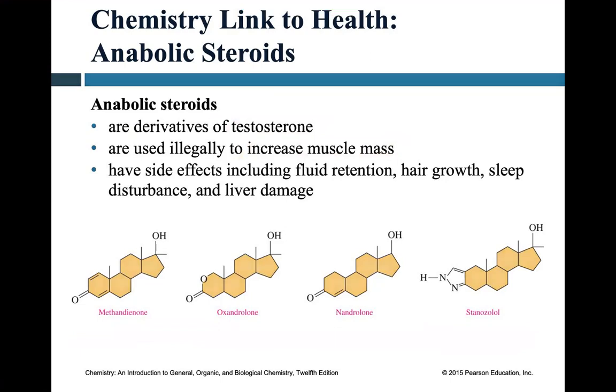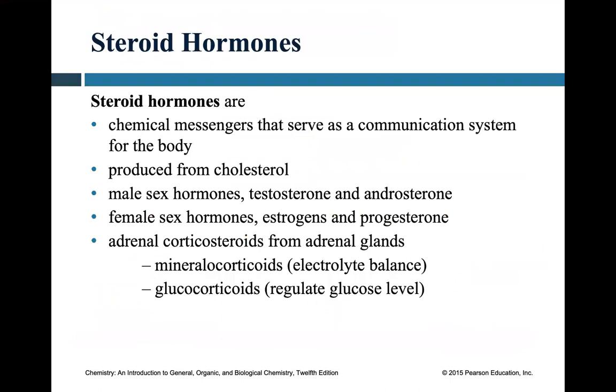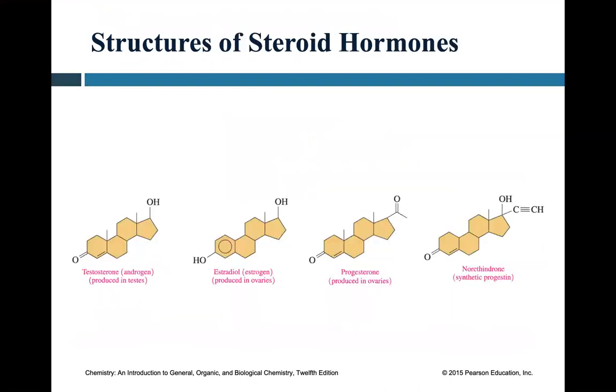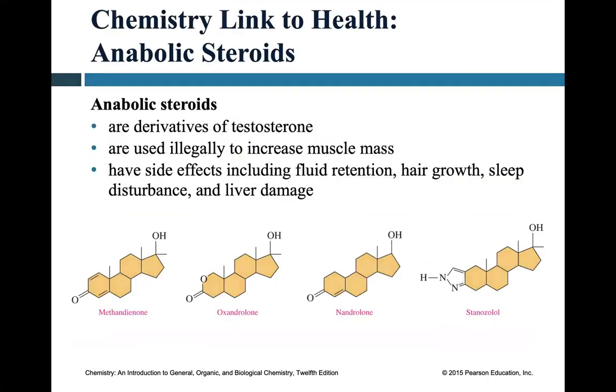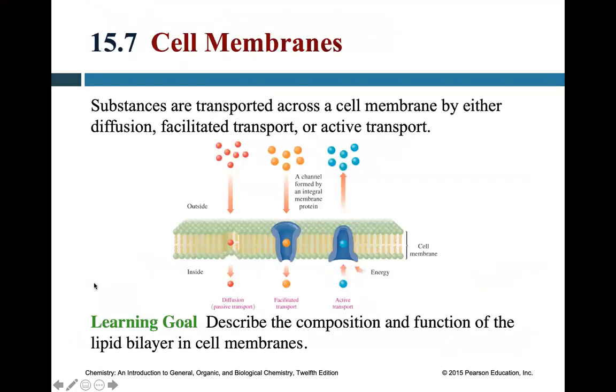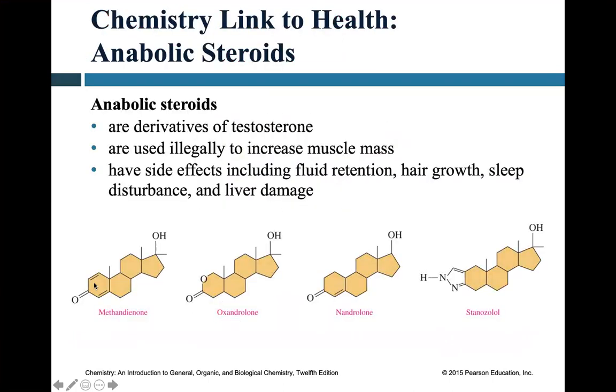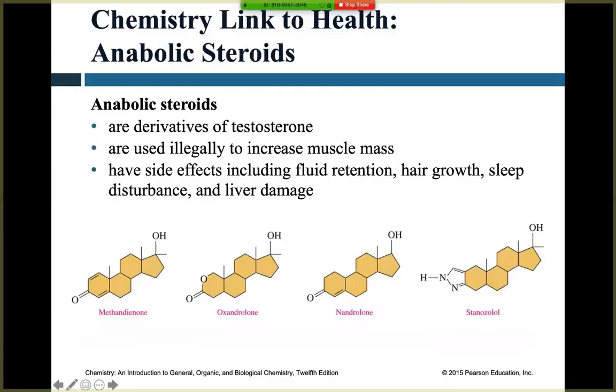So actually, if we go back and take a look at testosterone, oops, I went too far. Wow, that's going quick, right? When we're looking at testosterone, we see we have that carbonyl carbon down here and the hydroxide group at the top. And if you look at a lot of the anabolic steroids, well, sorry, it's going a little bit slow today.